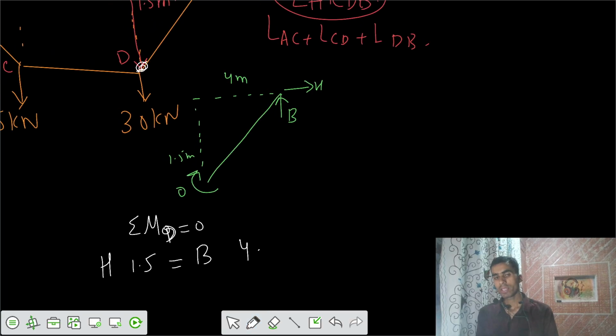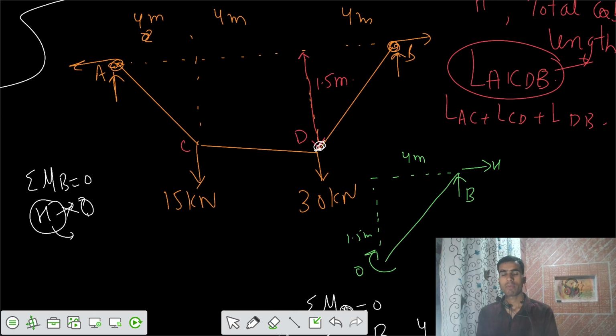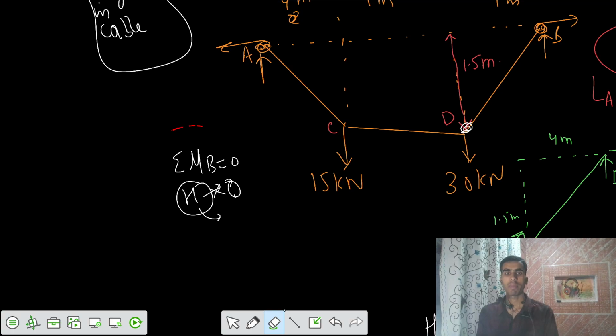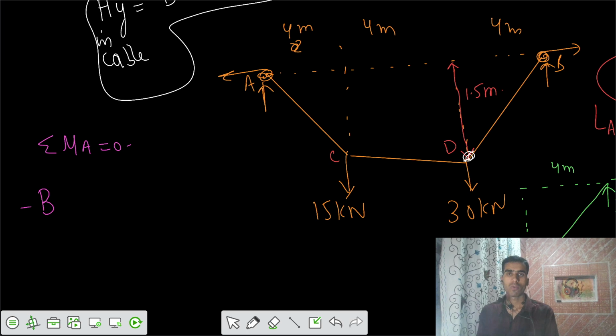So I have to get the value of B. That value of B can be solved if I take summation of moments about point A. Let us go for summation of moments at A equals to 0. Your reaction B about the point A is anti-clockwise, so I write minus B into total length 12, anti-clockwise, and all other loads are clockwise.